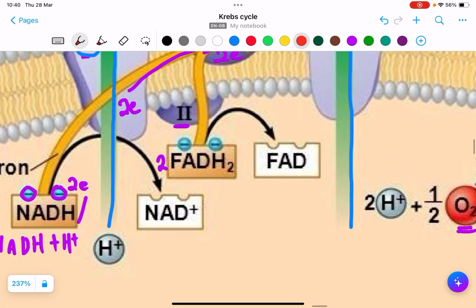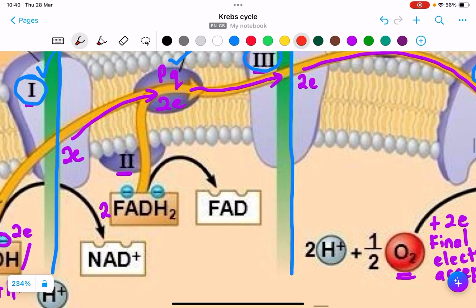So what happens is FADH2 will transfer the 2 electrons to complex 2. So it's not going to use complex 1. Since the energy of FADH2 is a bit lower, it has to start at complex number 2, not complex 1, not like NADH plus H plus.